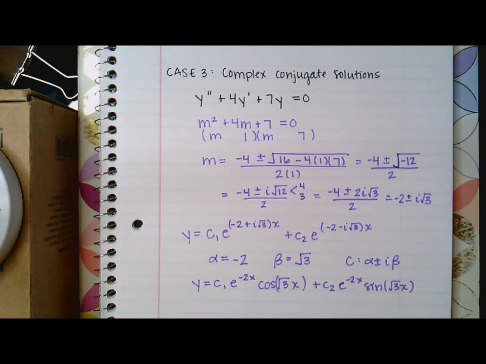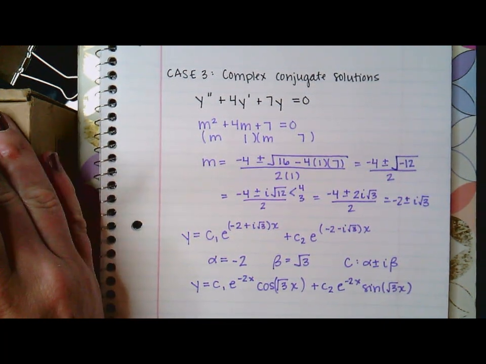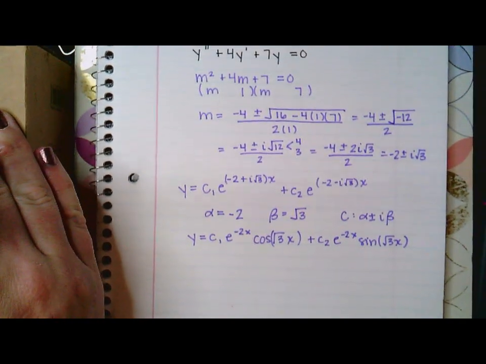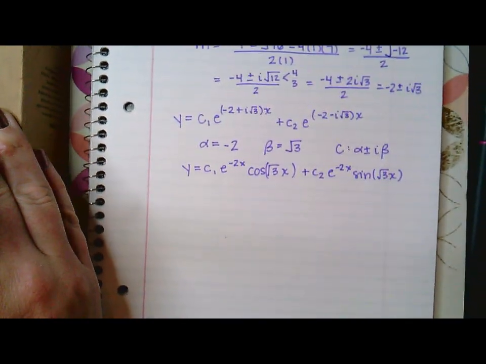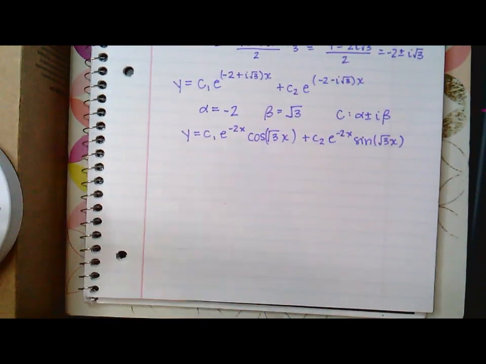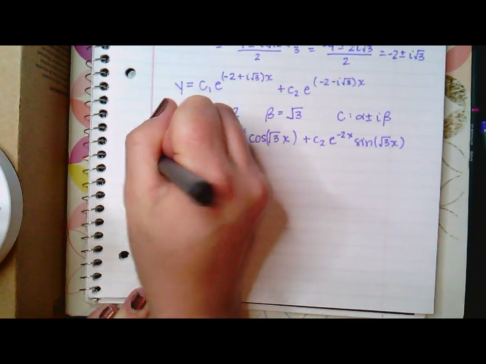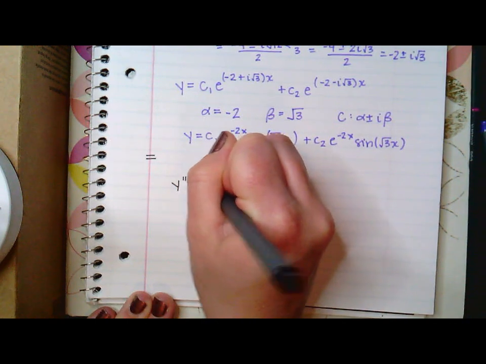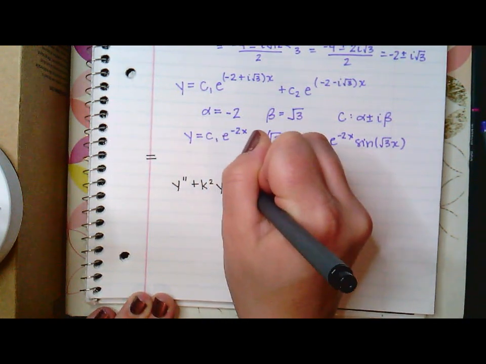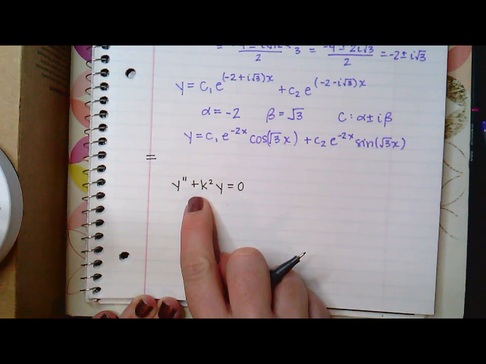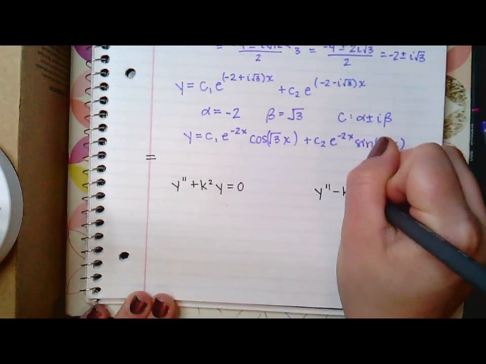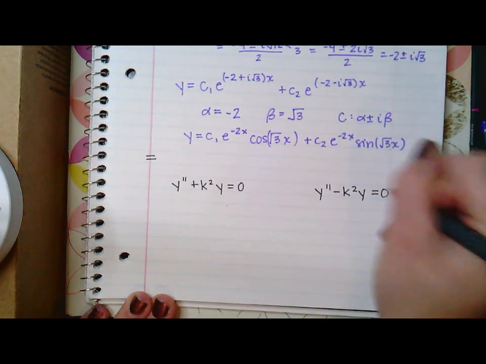Now, two equations that are really important to know that are expansions of this. Just pull this down here, okay? Are when we have y double prime plus k squared y equals 0. So notice I don't have a y prime term here. And then let's also look at if I have a subtraction, how those are different.